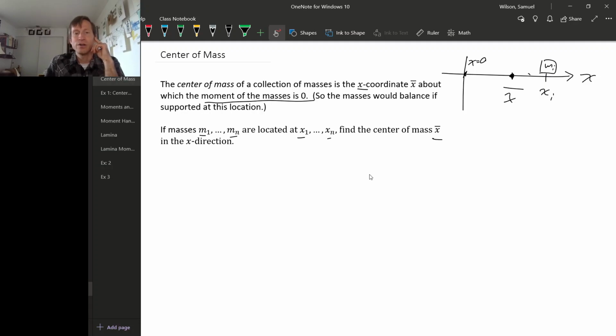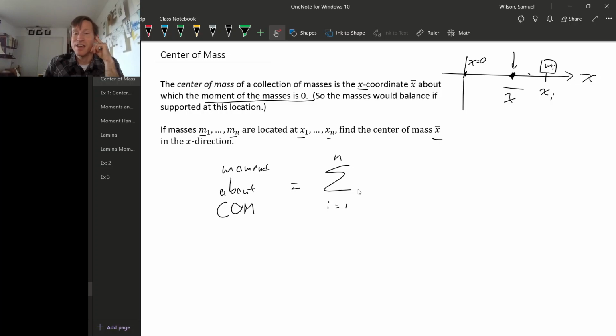Okay, so let's find the moment about the center of mass. It's the sum of each individual moment. So we have i from 1 to n. We just need to add up the moments for each mass.